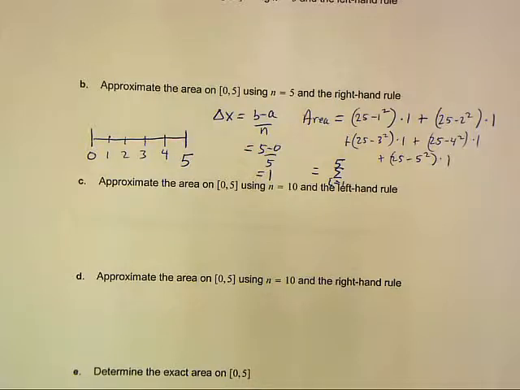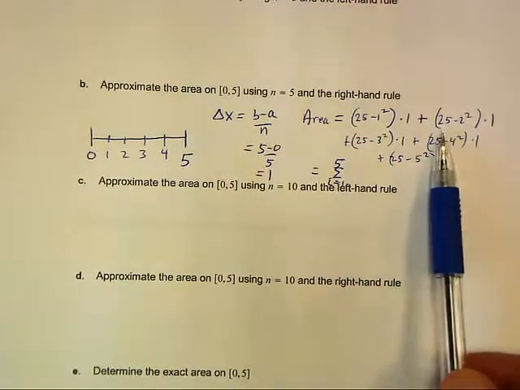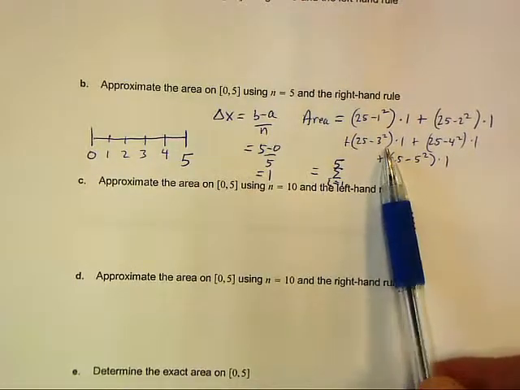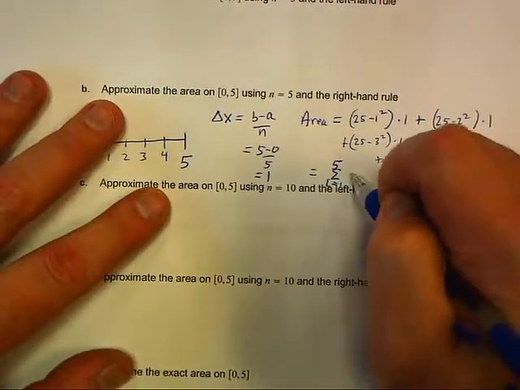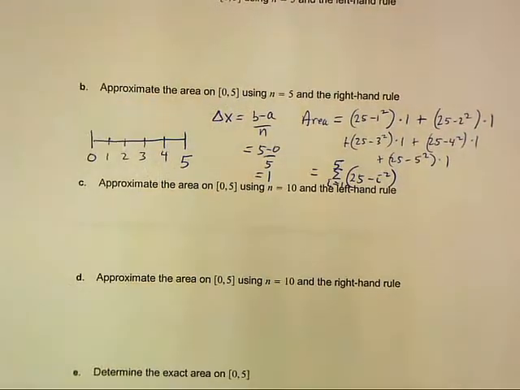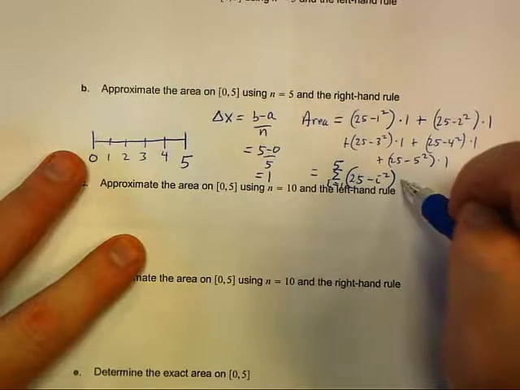Close, not i squared. 25 minus i squared, because the first one had 25 minus 1 squared, the second one 25 minus 2 squared, the third one 25 minus 3 squared. So this would be 25 minus i squared, the height of each individual rectangle, times 1, because 1 is the width.